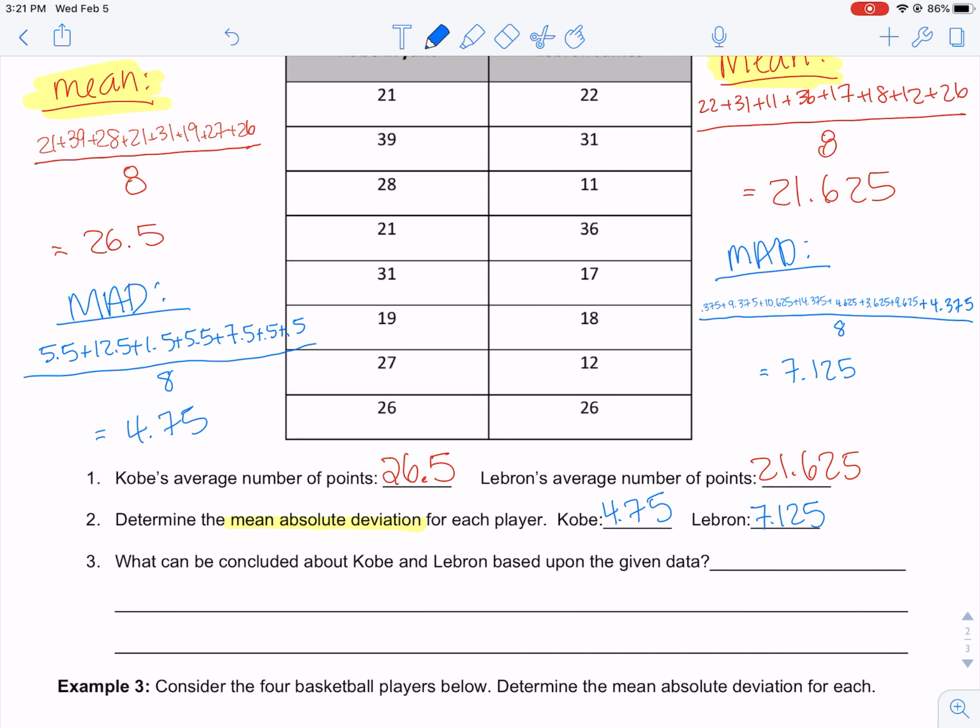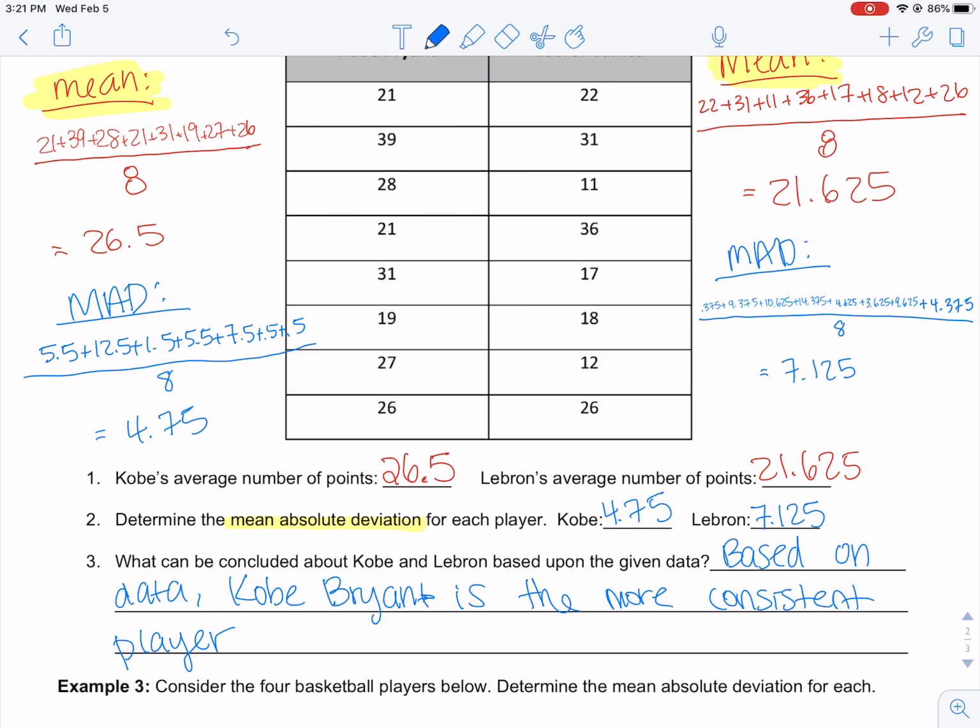So it definitely seems like Kobe had the lower MAD, meaning based on the data, we can say that Kobe was the more consistent player. Okay, so based on the data, Kobe Bryant is the more consistent player.